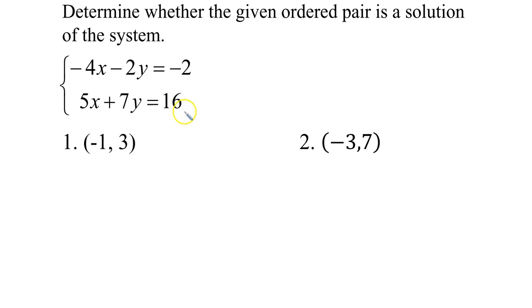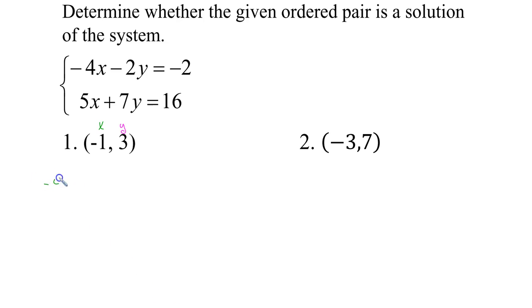So since we are given the system of equations, 2 equations, negative 4x minus 2y equals negative 2, and 5x plus 7y equals 16, we'll check first to see if the ordered pair negative 1, 3 is a solution to this system. Keep in mind that in an ordered pair, the first component is x, and the second component is y. So we will substitute these 2 values in for x and y in each equation to see if we get a true statement.